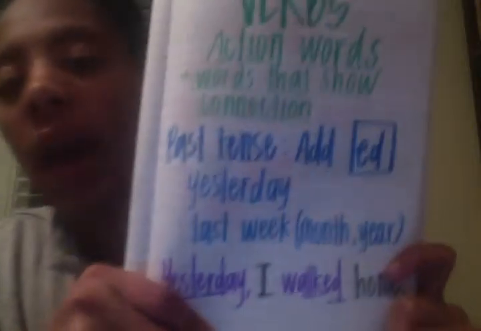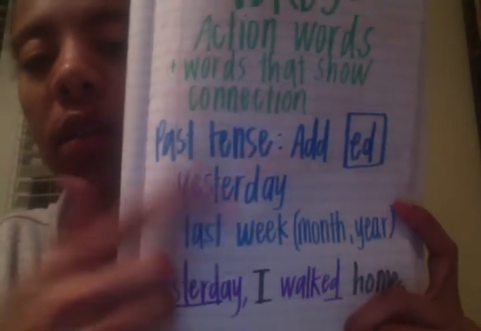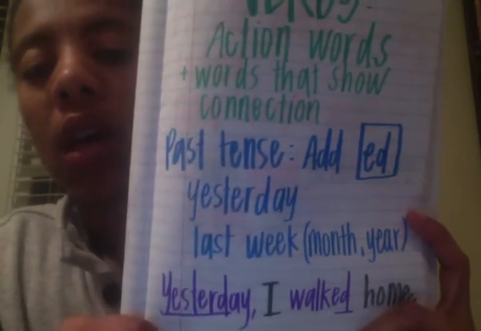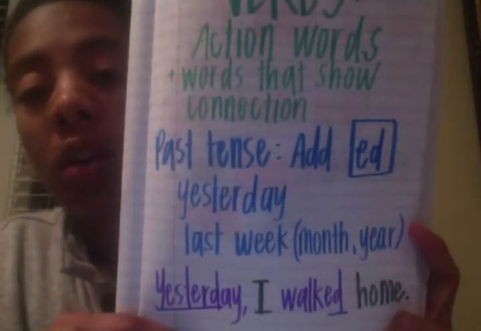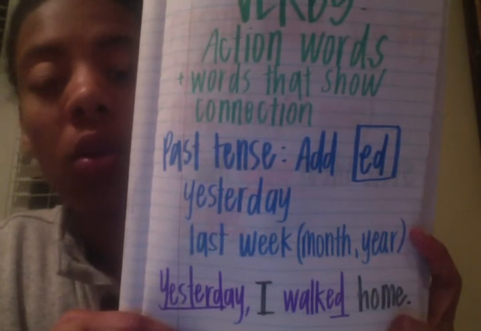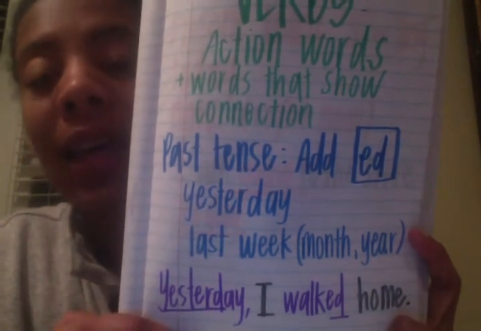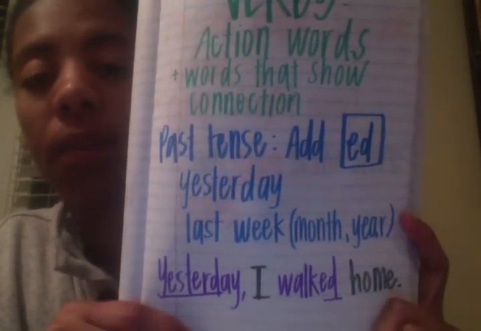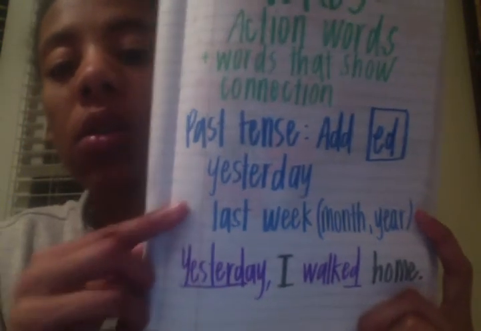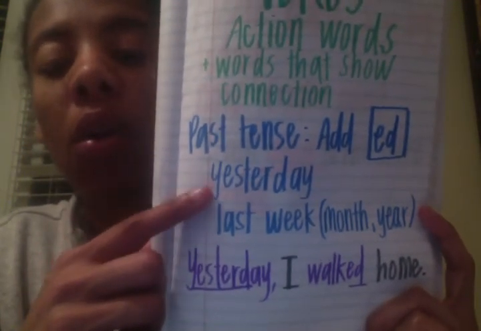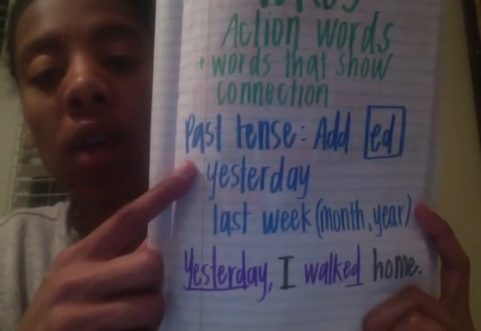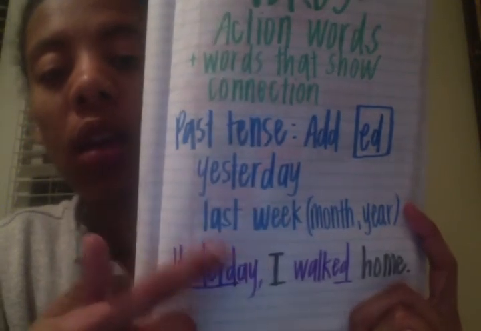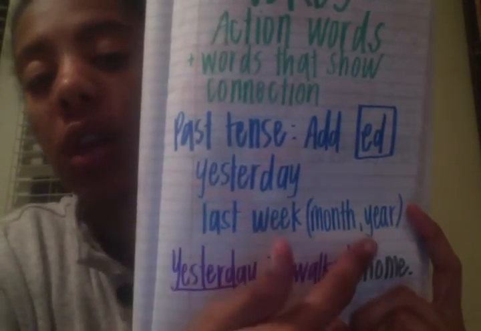So first we have past tense. In order to make a regular past tense verb, you must add ed to the end of the word. There are also some indicator words that help you know what tense you're in, like yesterday, last week, last month, last year.